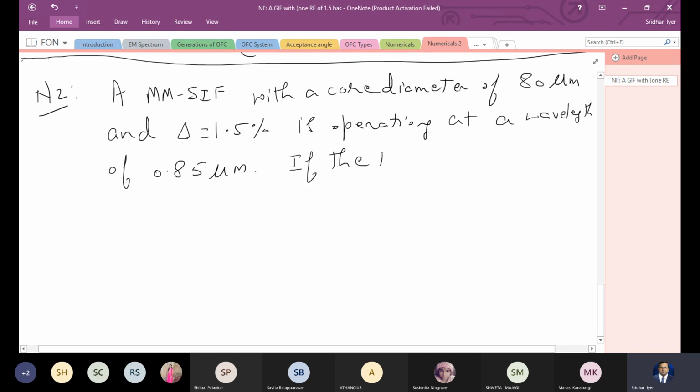If the refractive index of the core is 1.48.